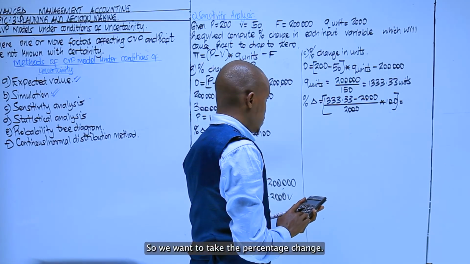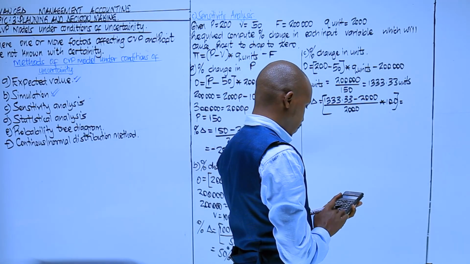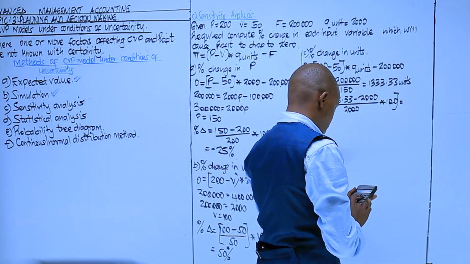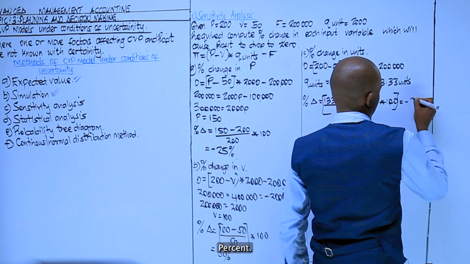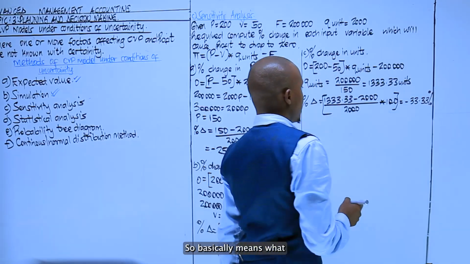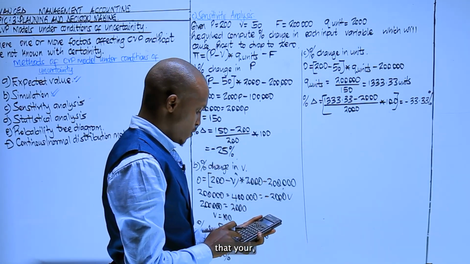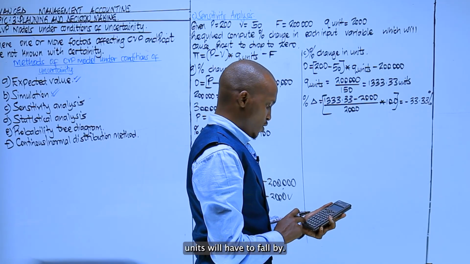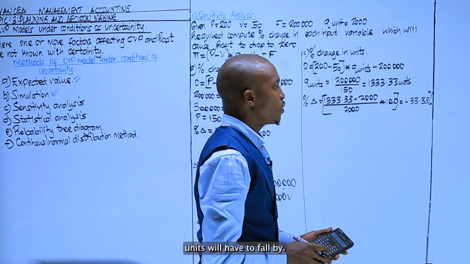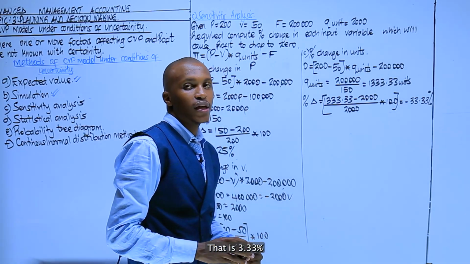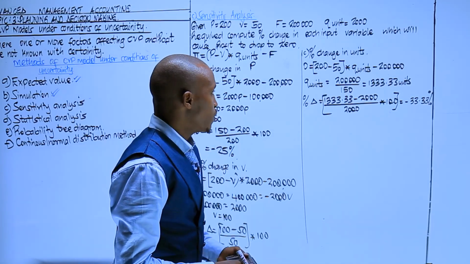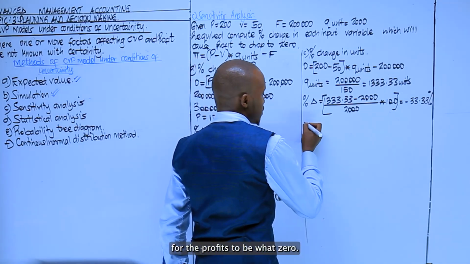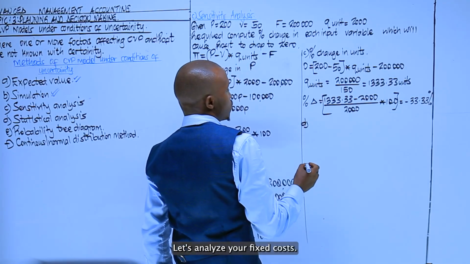So it basically means that your units will have to fall by 33.33% for the profit to be 0.